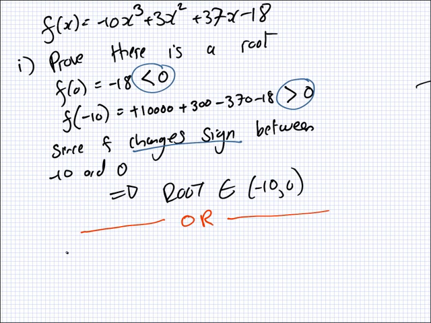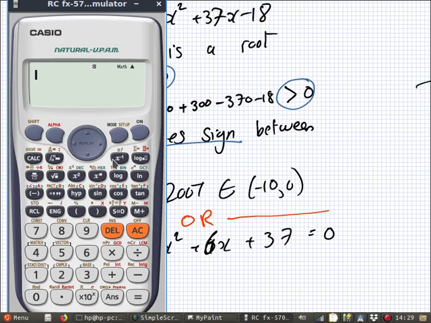So first you try to find the stationary points, the turning points. f derivative x is minus 30x squared plus 6x plus 37 equals 0. Does this have solutions? Let's see.